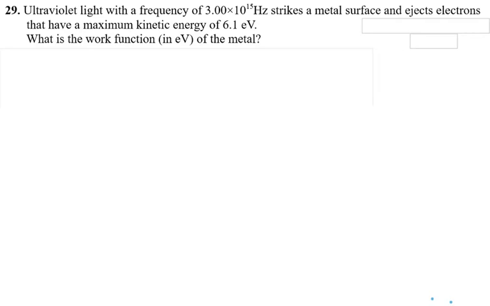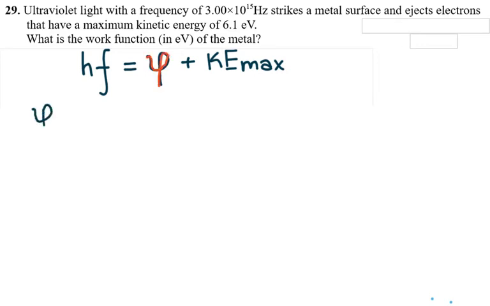We start with the energy of the photon, which is Planck's constant times the frequency of those photons, and that will be equal to the work function plus the kinetic energy that is left for the electrons to have. They're asking me to find the work function, so this is the part I'm looking for. So the work function is going to be equal to the energy of the photons.